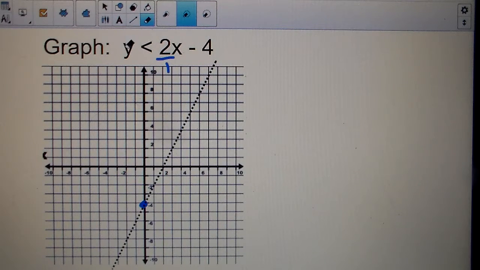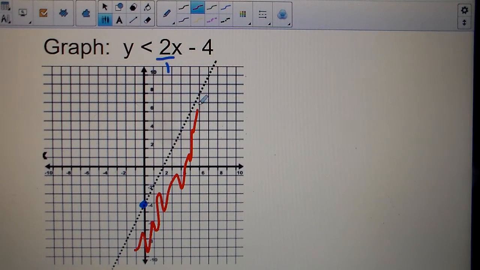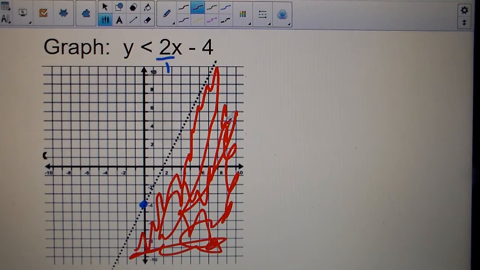Now, when they say y is less than, our answers are less than this line. So are the numbers above the line less than, or is it below the line that are less than? Well, anything that's below the line is less than. Less than is below the line. So we know we could shade this side of the line.